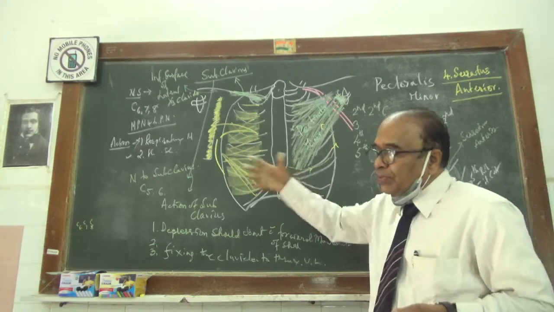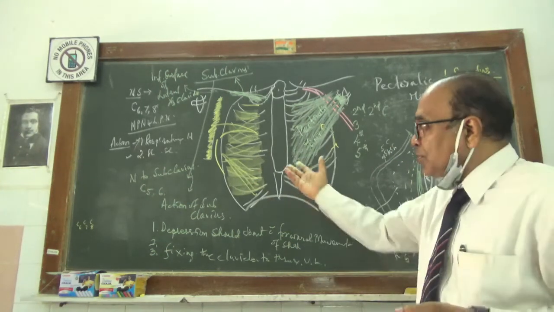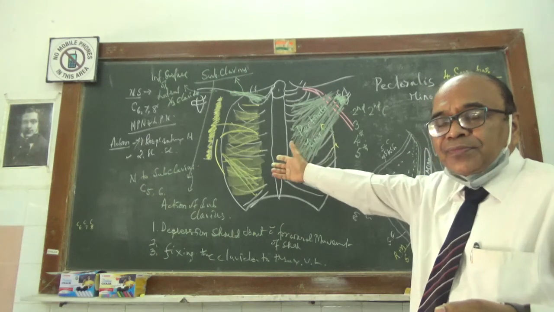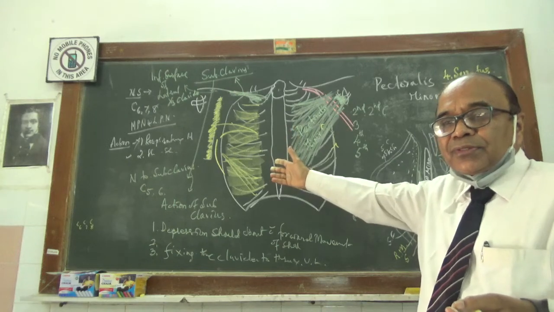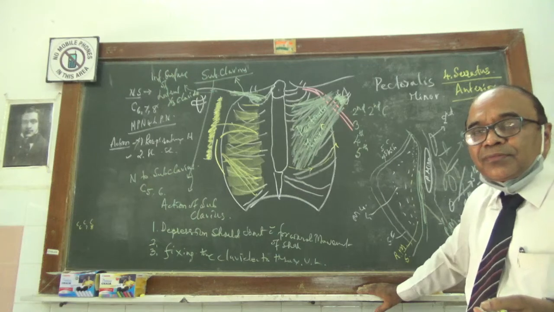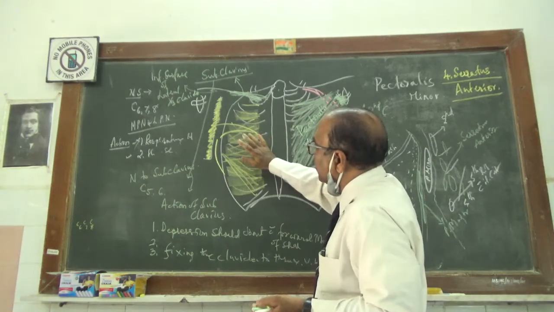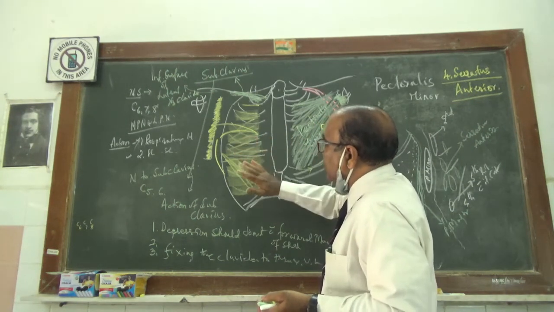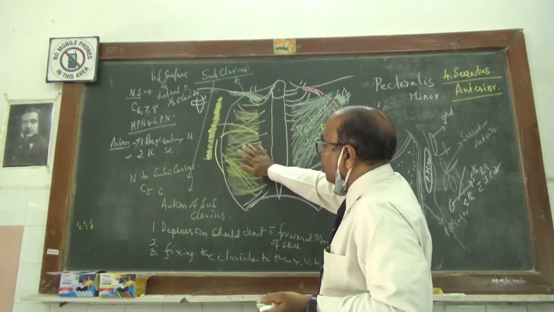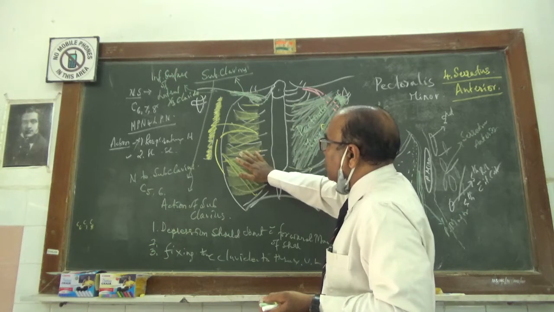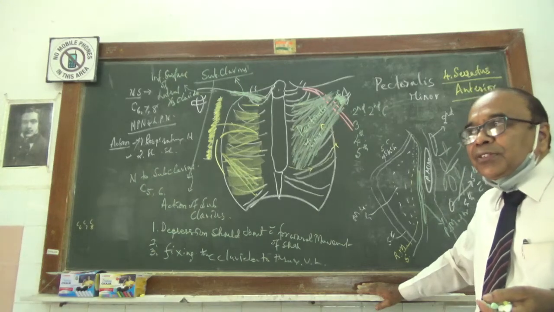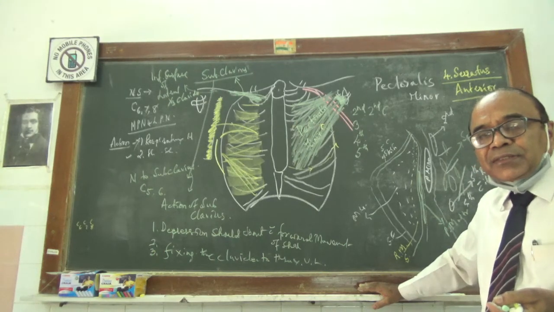Now with this course of the serratus anterior, it has relations in front: skin, superficial fascia, mammillary gland, the retromammillary space, and you will be having pectoralis major, pectoralis minor.